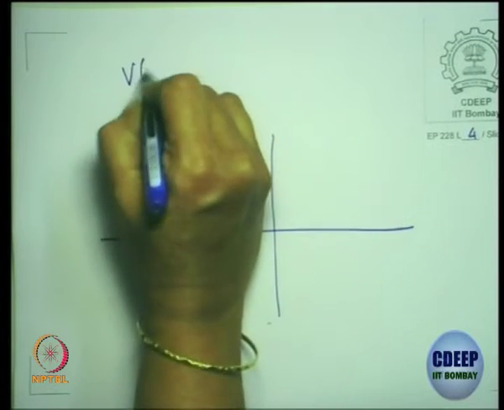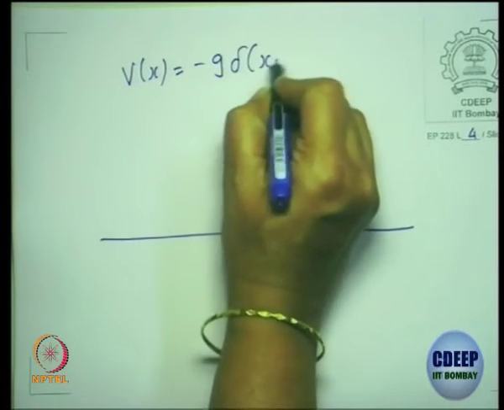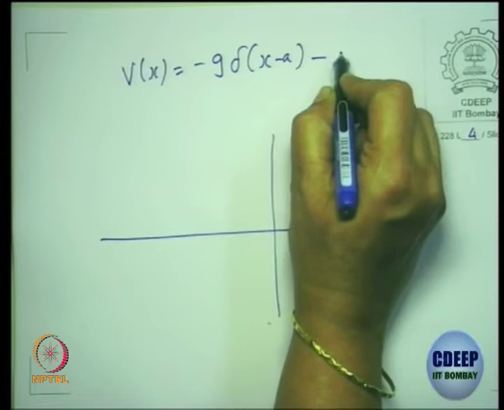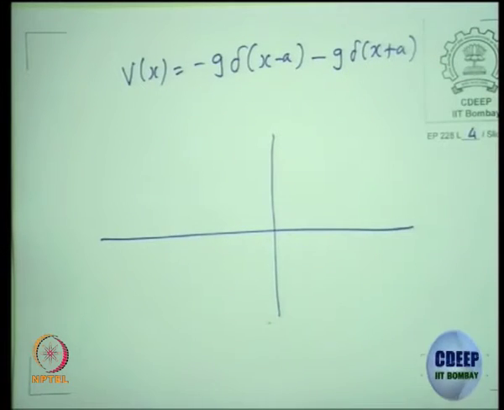you have at least tried the double delta function which was given to you, right? So you have this potential V of x is minus g delta of x minus a minus g delta of x plus a. So g is positive, and what is the property of this potential?